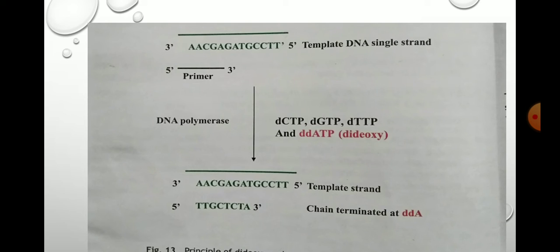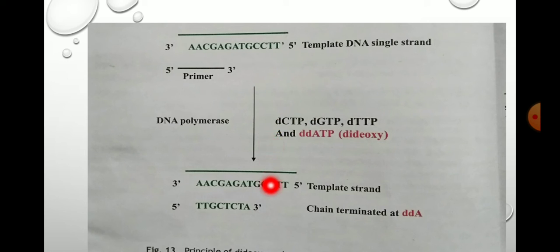Now see this picture. Here we are taking the DNA template strand. A single DNA strand is known as the template DNA strand. Now we are using the primer, which, as we told you, is an oligonucleotide sequence, or short nucleotide sequence. dCTP, dGTP, dTTP and ddATP, that is a dideoxynucleotide triphosphate, are all added here to extend the process.